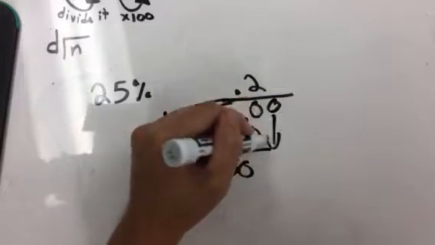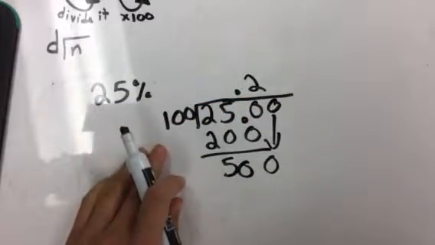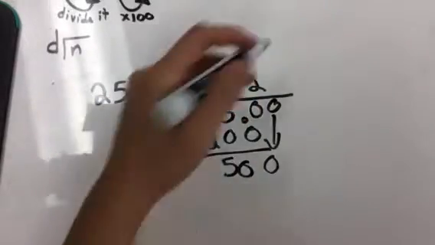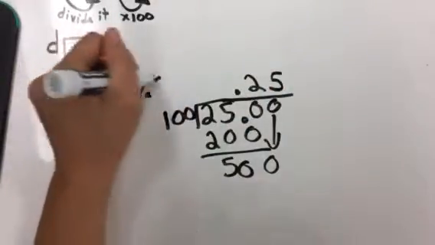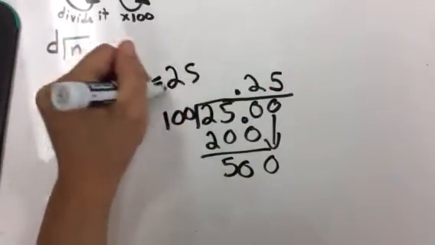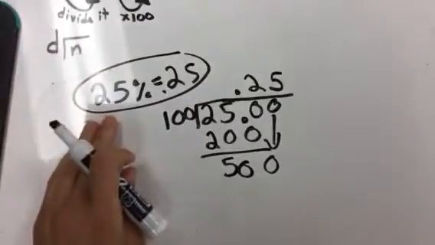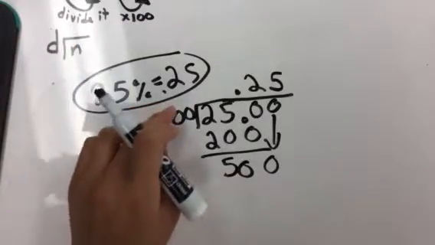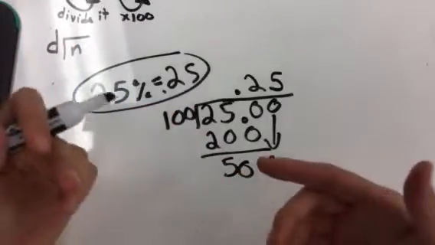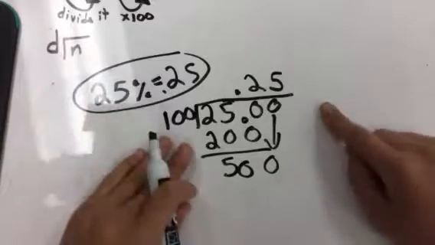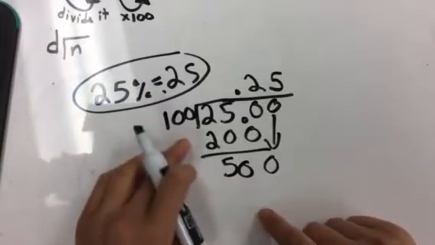I would add a 0 and bring it down, because 100 goes into 500 5 times. And so that's how I would get 25% is 25 hundredths, just by dividing by 100.